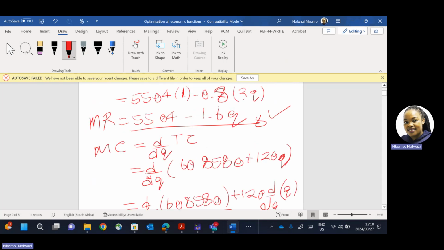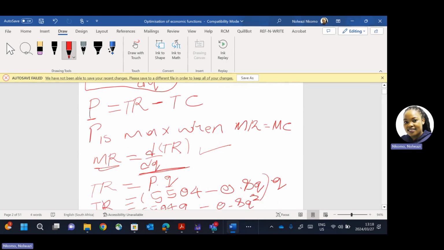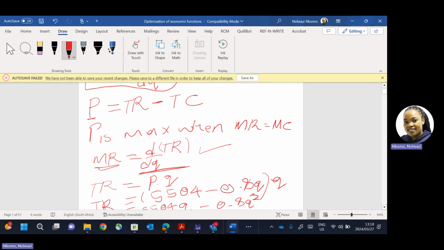And then we go back to this condition. Profit is at maximum when the marginal revenue is equal to the marginal cost. Remember, they said determine the price and quantity for which profit is maximized.